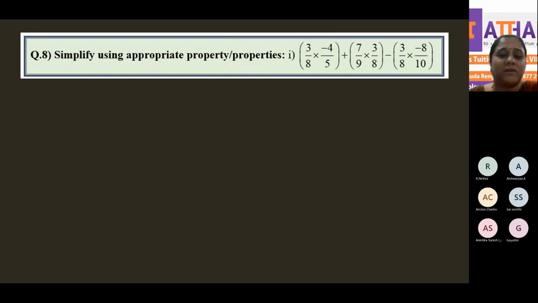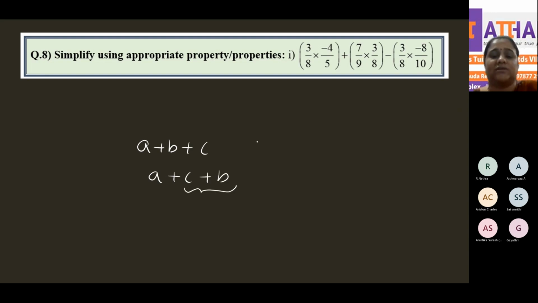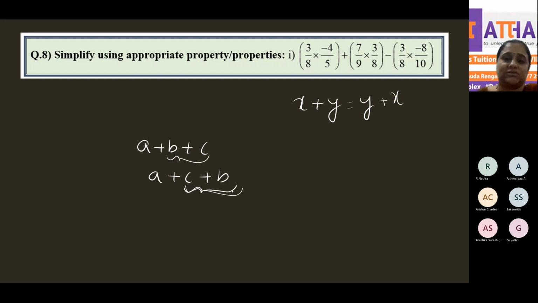Supposing you have A plus B plus C, if you rearrange, you write A plus C plus B. So you're using the commutative property here, because X plus Y is equal to Y plus X for addition of rational numbers. Similarly, B plus C is equal to C plus B. When we solve expressions, we call it rearranging the terms.